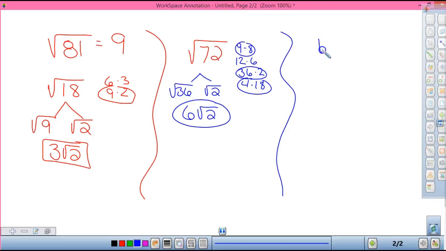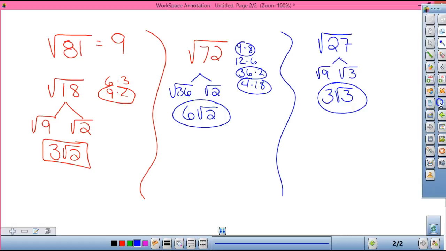Alright? What if I have the square root of 27? 9 and 3. Is that my biggest perfect square? Square root of 9, square root of 3. So 3 root 3. Not bad, right?